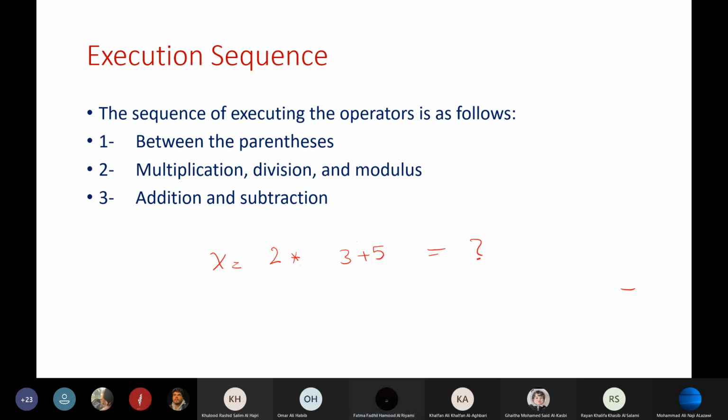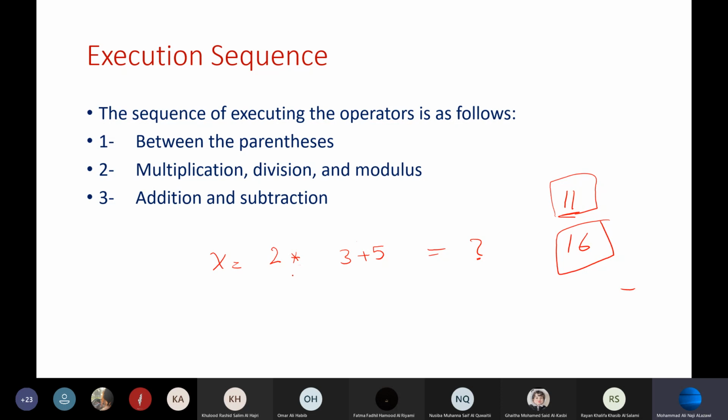11. So we got the first answer is 11. Any other answers? 16. All right. There are two options, either 11 or 16. But which one is correct? Now, this will be correct in both cases if we don't have rules or regulations.